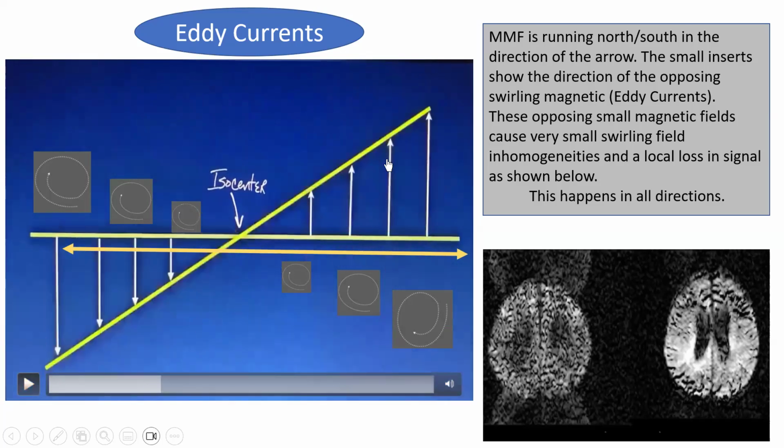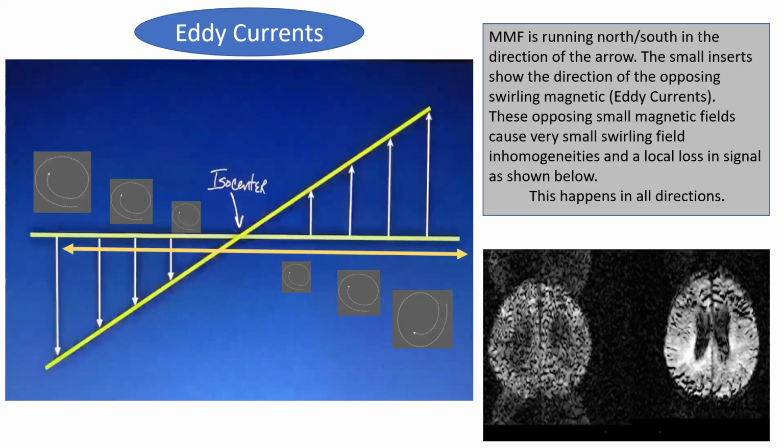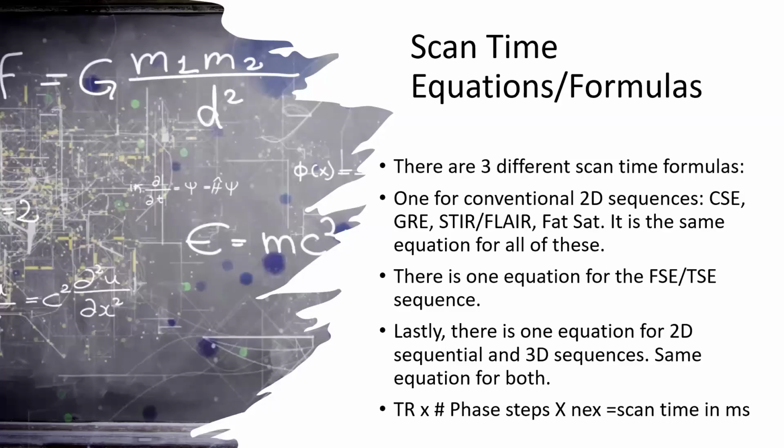The gradients are being turned on and off very rapidly, and you're getting little magnetic fields that are swirling around, and they're causing opposing magnetic fields, and you get these little signal losses, and those are called eddy currents. It happens in all directions. It's very common in your EPI sequences.